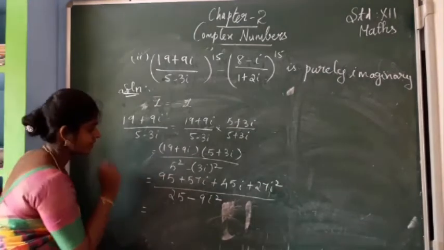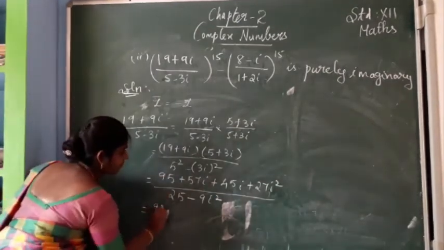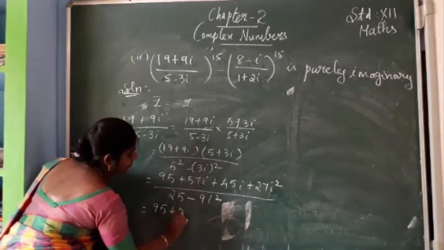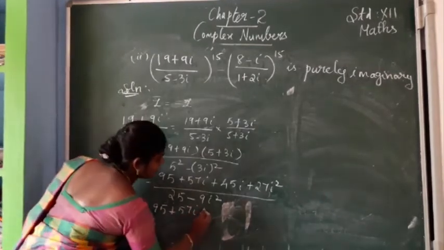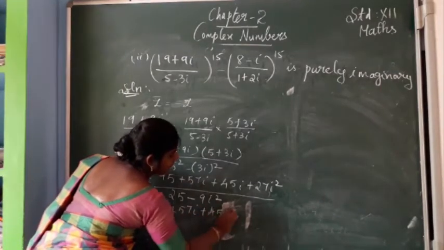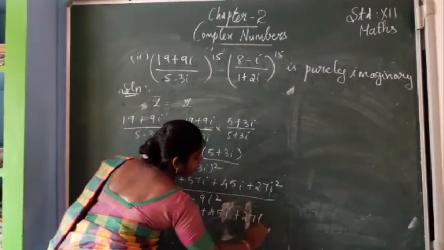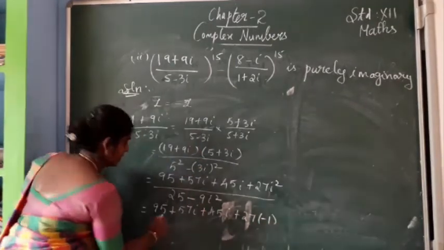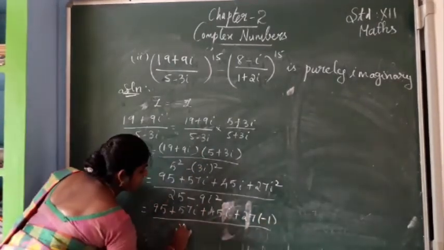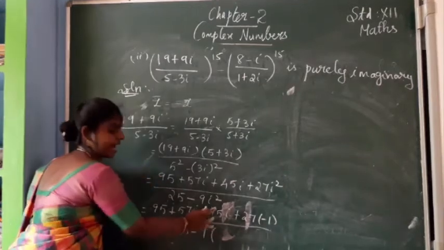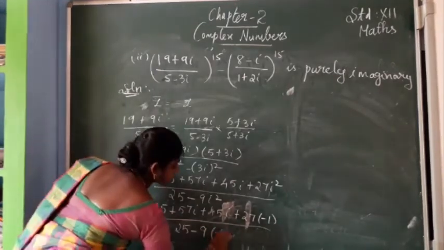That's equal to 95 plus 57i plus 45i plus 27 into minus 1, divided by 25 minus 9 into i square, where the value of i square is minus 1.